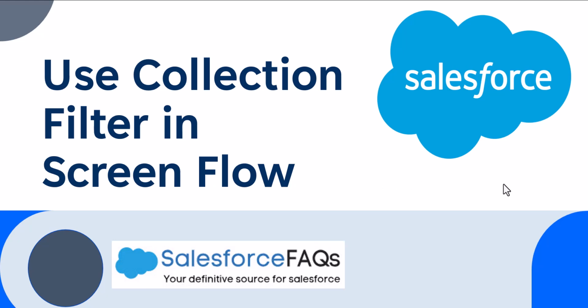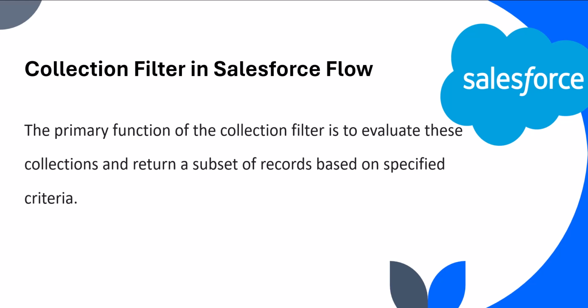Before creating the flow, first let's understand what collection filters are in Salesforce flows. In Salesforce flows, a collection represents a list of data, like multiple records of contacts or accounts, but sometimes you will only need to work with subsets of those records. So we can say that the collection filter is an element designed to process a collection of records, and this collection refers to a list-like structure that can hold multiple items, and often these collections are records.